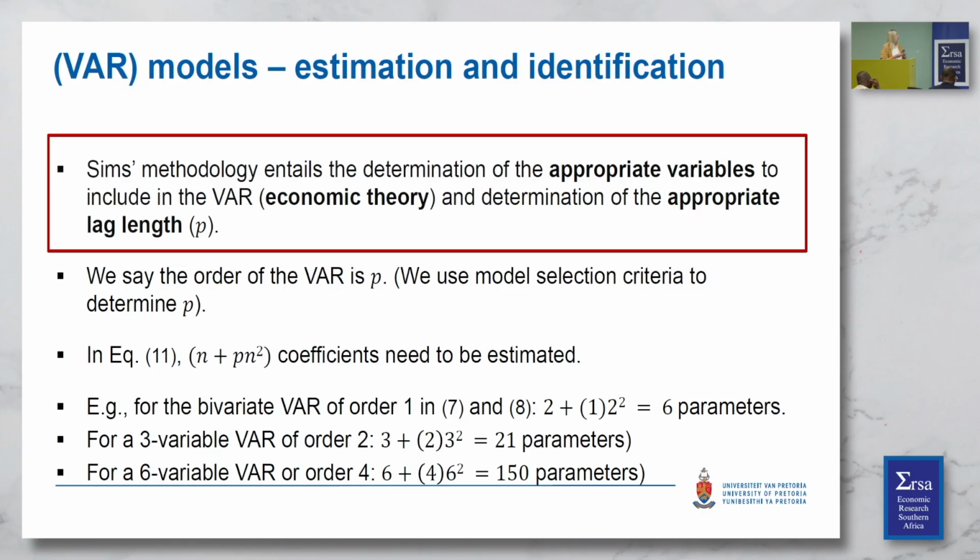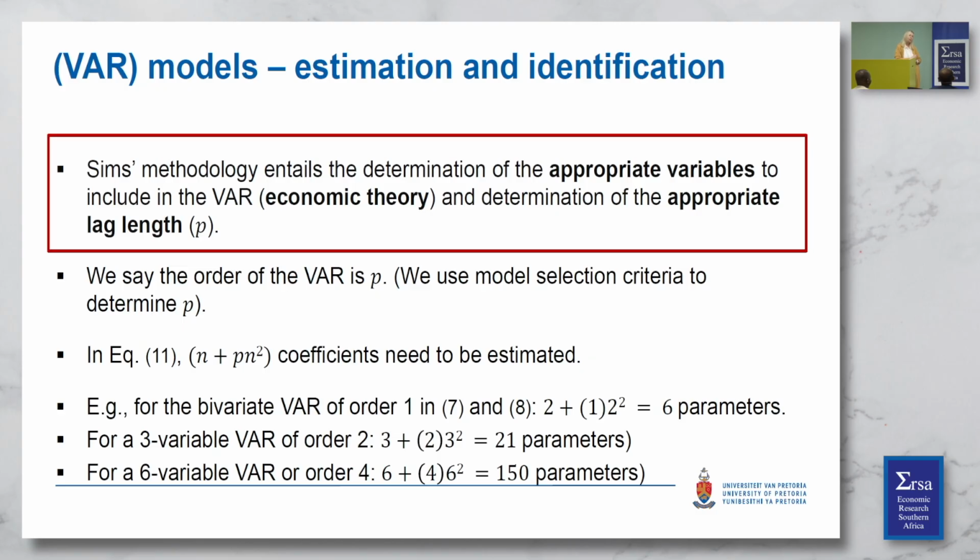But anything that you're really interested to see if there is an impact, we can include in the VAR. It is just the more variables you include, and the more lags you include. So even if you just estimate a six variable model and it's quarterly and you decide to include 4 lags, now you have 150 parameters.